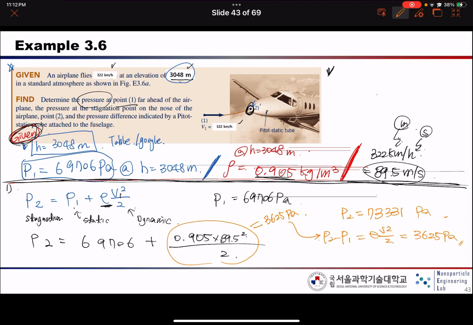This is the answer for 3.6. This example is quite easy if you know the pressure at 3048 meters and the density, and you know how to convert the velocity unit from kilometers per hour to meters per second.